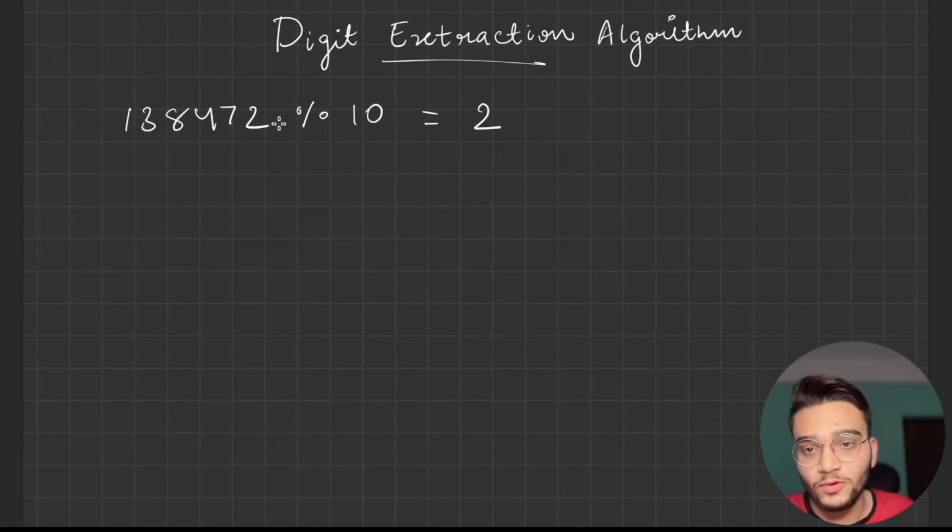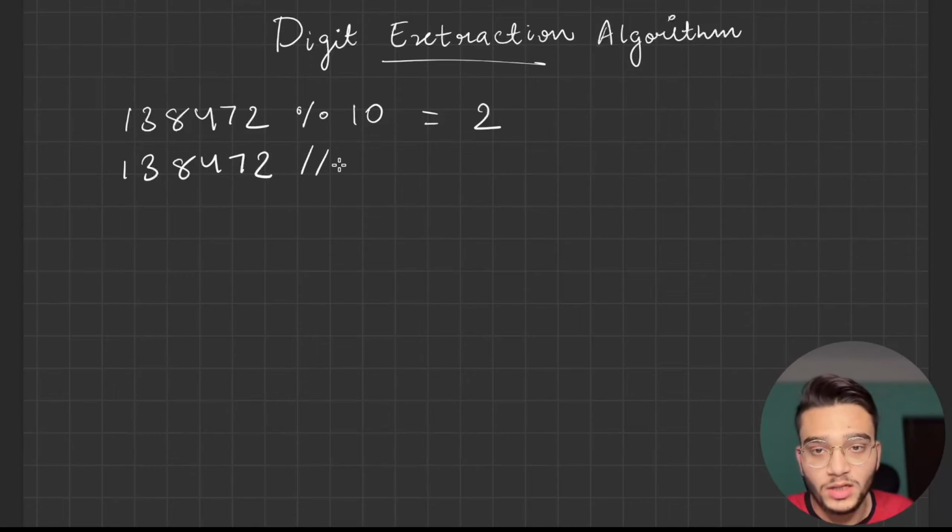Okay, so if you do modulo 10 you get the units digit, but if you do integer division of 138472 by 10, then your number becomes 13847.